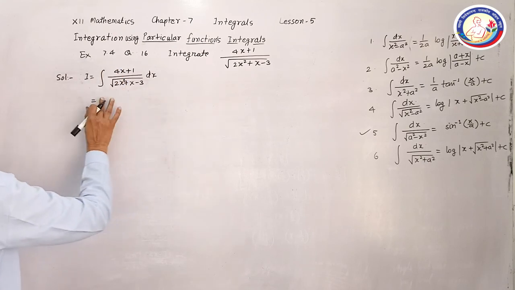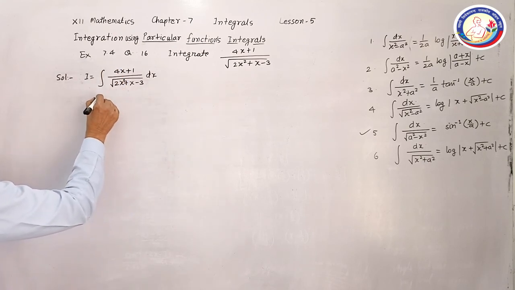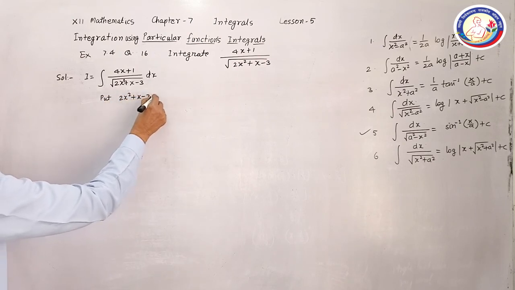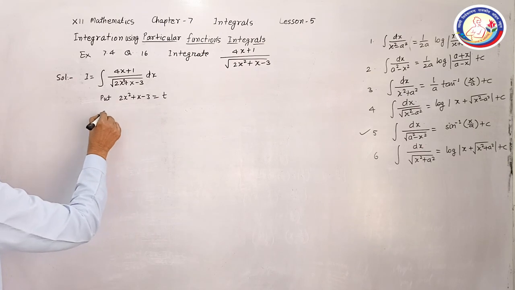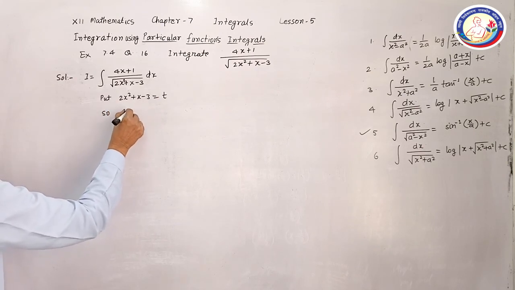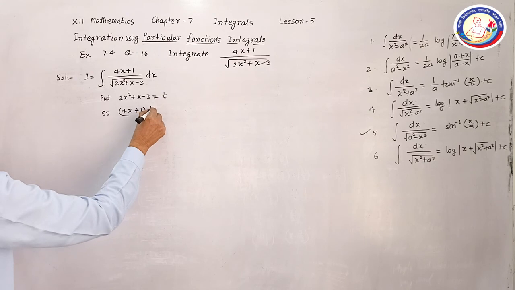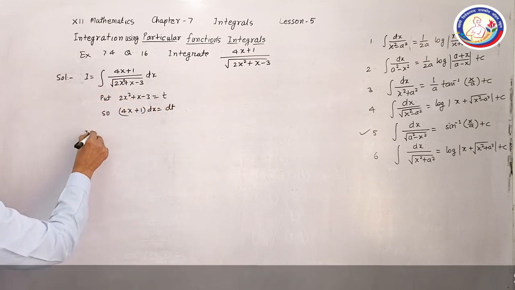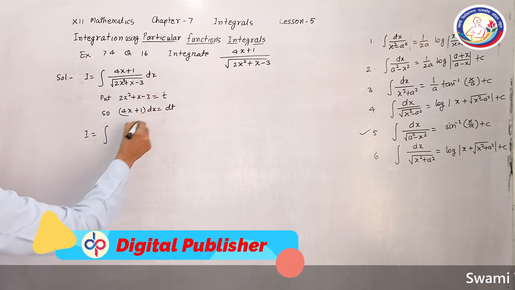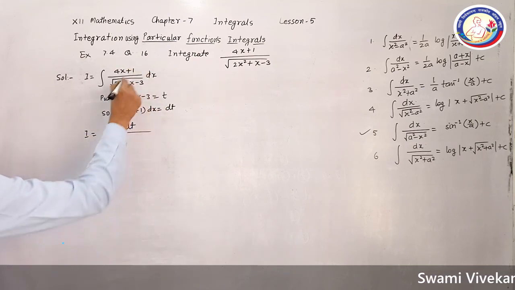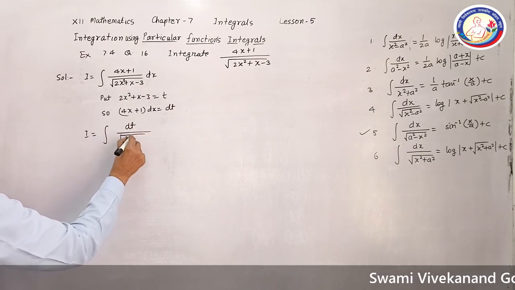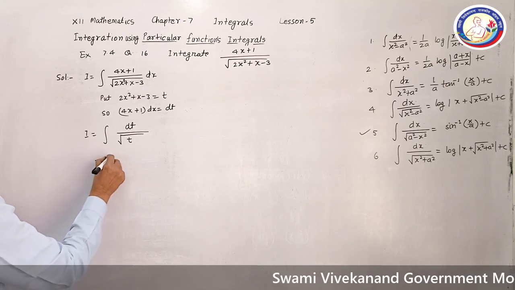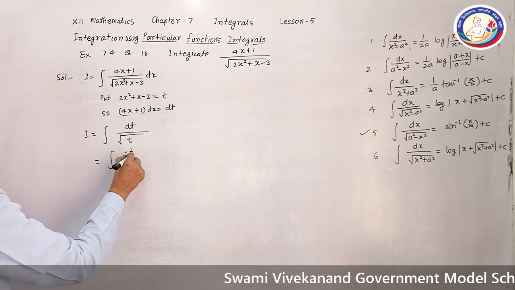Put here 2x square plus x minus 3 equal to t. So the integral of (4x plus 1) dx, that is dt, divided by square root of t, will be the integration of t raised to power minus 1 by 2 dt.